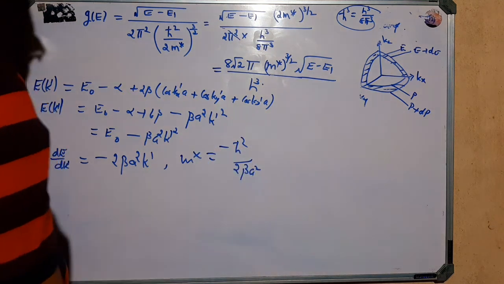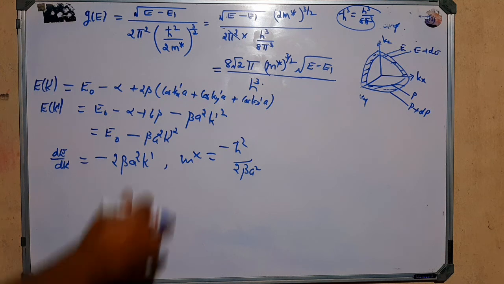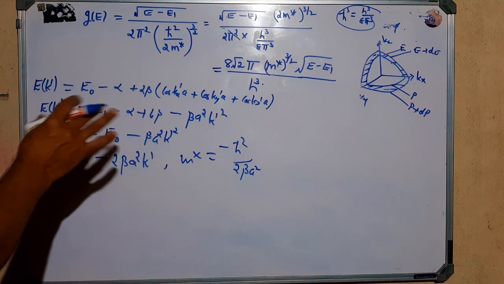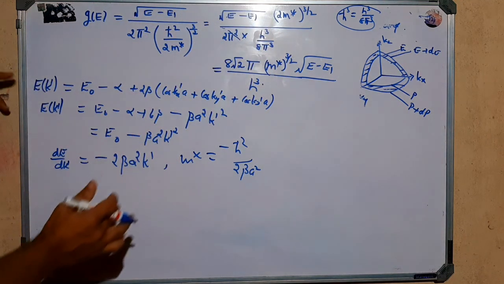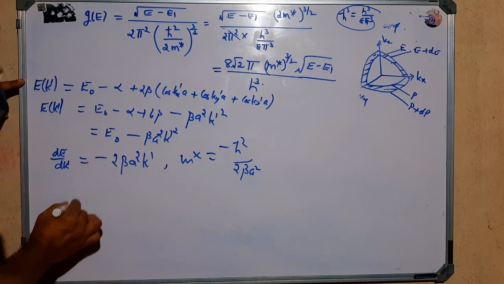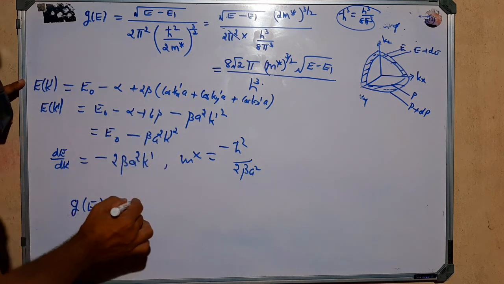We have not studied this, so you follow the same procedure as earlier. Simplify the expression, substitute in the expression of g of E and follow all these procedures. Finally, you will get g of E, identical to this. This is homework for you, the simplification part.